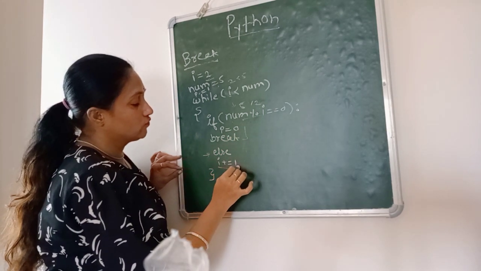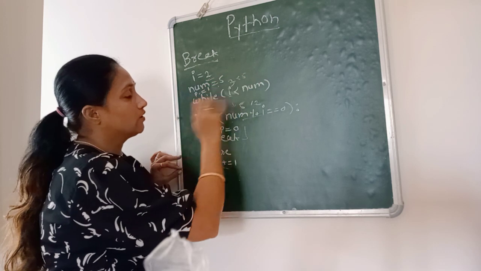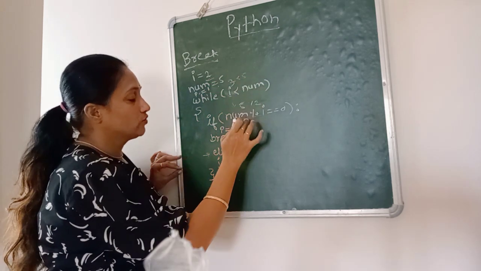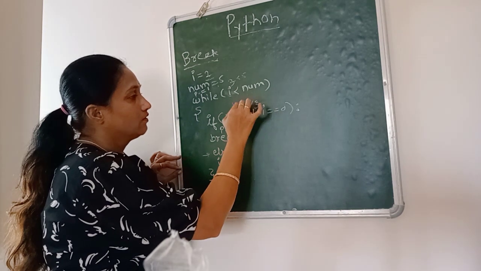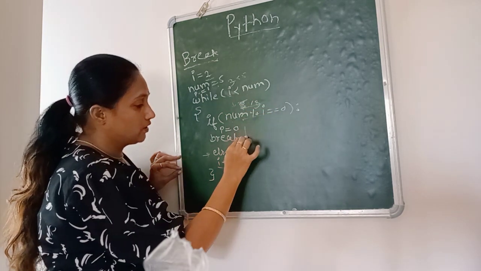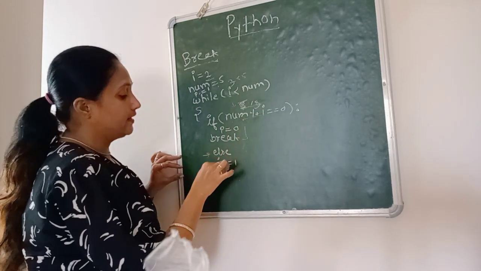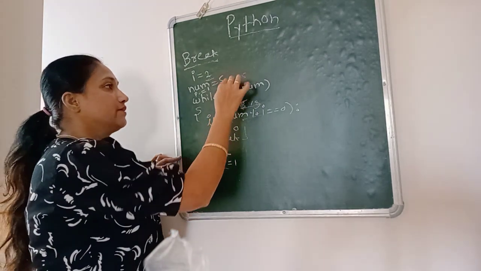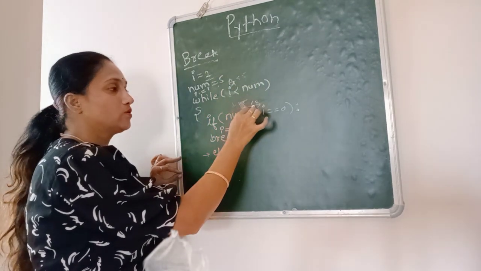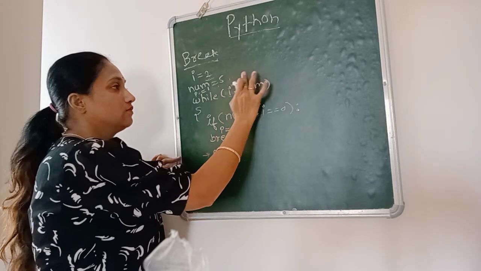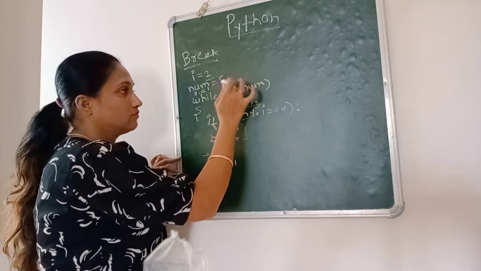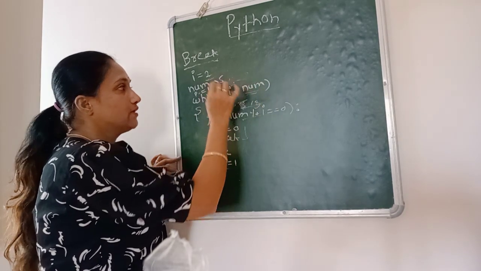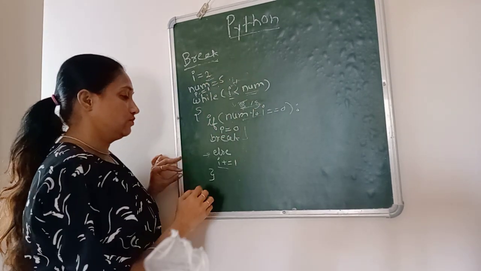Again I plus equals to 1, that is i's value becomes 3 now. 3 less than 5, condition true, it comes here. 5 is not divisible by 3, condition is false, it comes to the else part. Again 4 is also not a divisor of 5. Then the loop ends over here because i's value goes up to less than 5, that is 4.